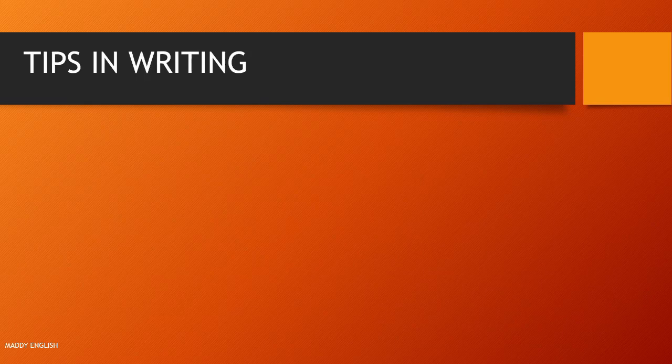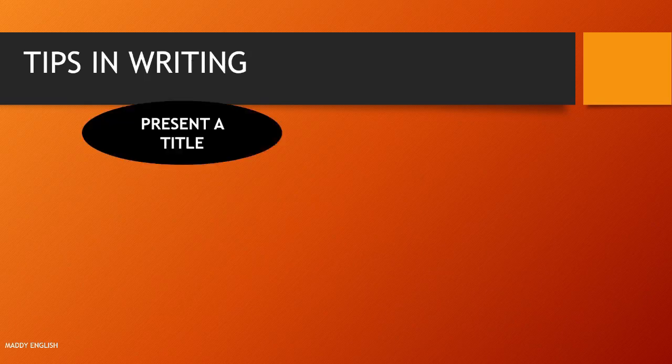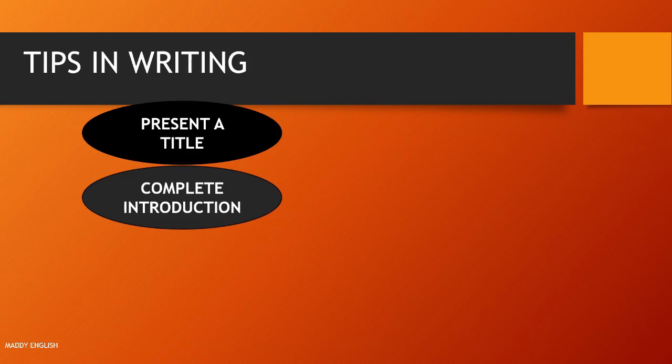When you are ready to write, make sure you present the title clearly. You can ensure that you have mentioned the subject reference and the time frame correctly. As for the introduction, make sure you introduce the charts given in the question and ensure that every single piece of information that is needed, especially the time frame, is correctly written.